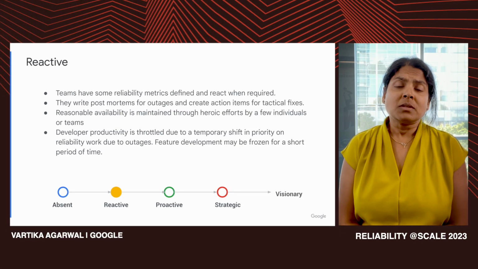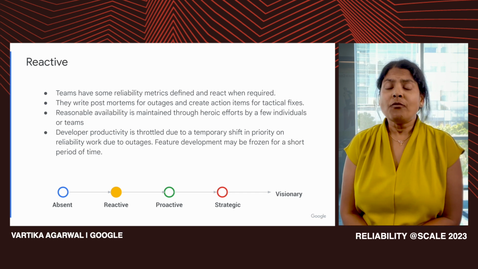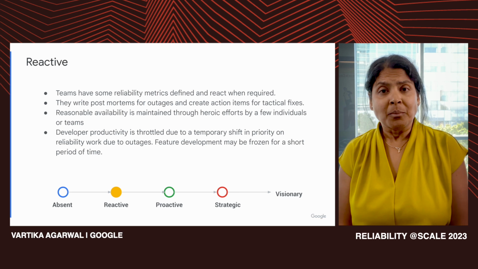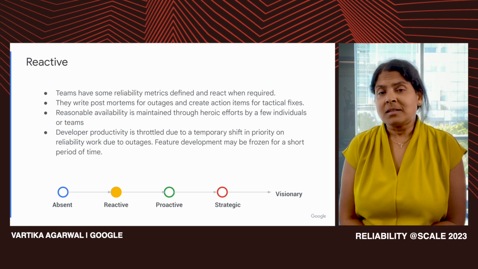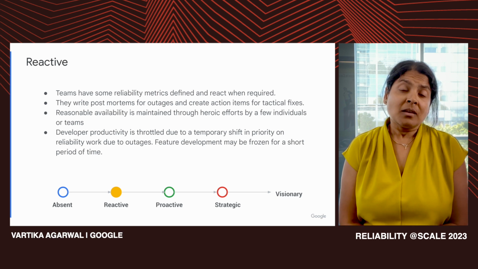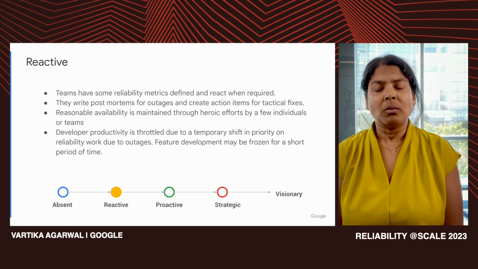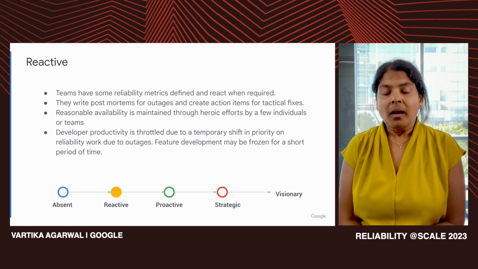Most of the solutions that are found through postmortems and operational metrics are focused on tactical and band-aid type solutions, and hence they are not very durable or do not stick with the efforts. These things are usually done by heroic efforts or temporary shifts in priorities to get to the goals.